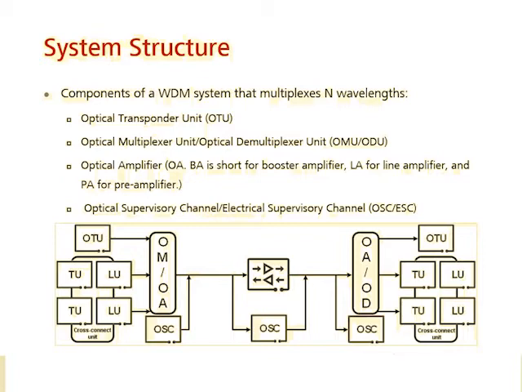So we cut the OTU board into two pieces, making it TU and ALU. TU only has client ports. ALU only has WDM ports. TU connects with client equipment directly. ALU connects with the WDM side directly. So if the TU accesses a service from the customer, after it receives it, it will cross-connect the service from the TU to one ALU.